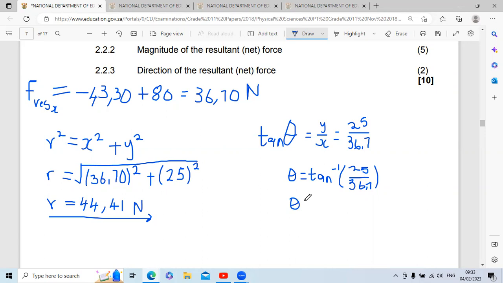So when you guys were calculating, what answer did you get for your theta? I got 34.26. Okay.